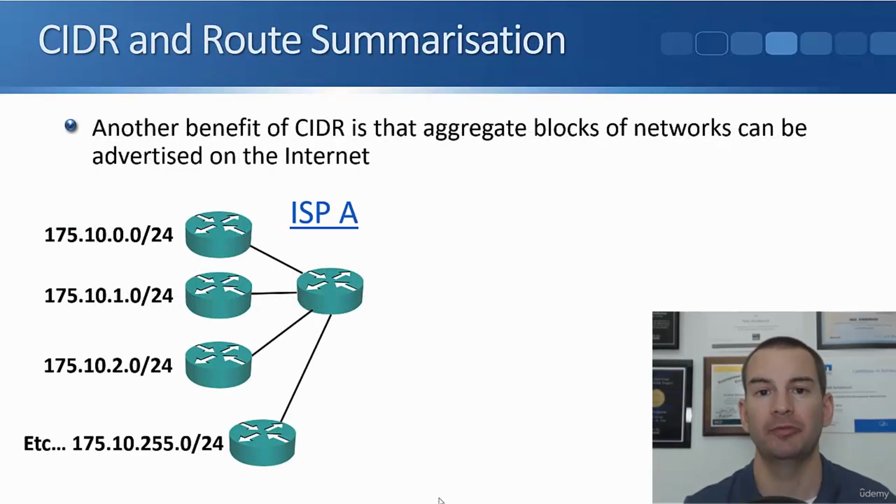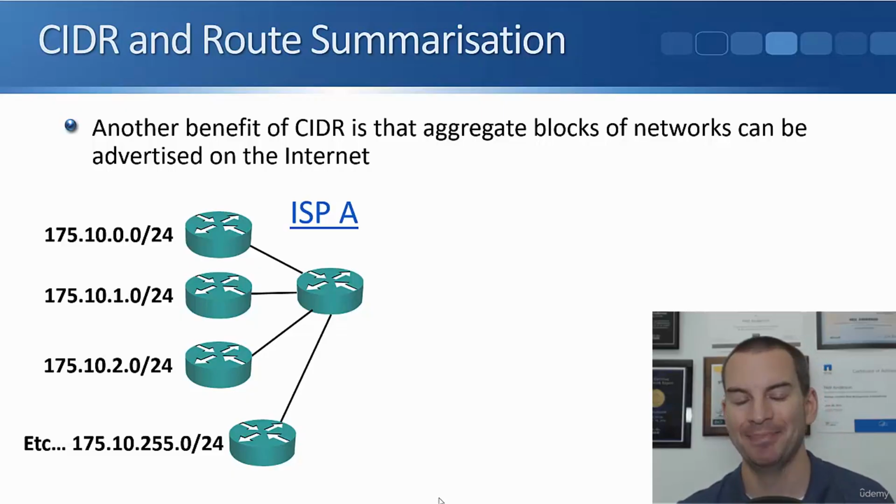We get another benefit from CIDR as well, which is route summarization. You see in the example here, we've got ISP-A, and they have allocated the address blocks that you see on the left. So one company got 175.10.0.0/24, another one got 175.10.1.0/24, 175.10.2.0/24, etc., all the way up to 175.10.255.0/24.